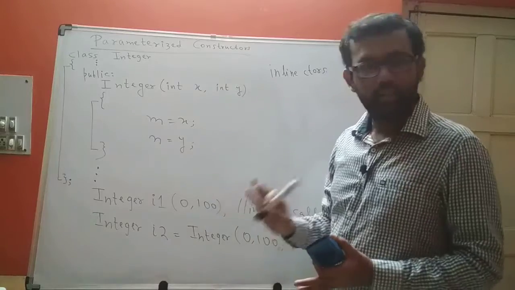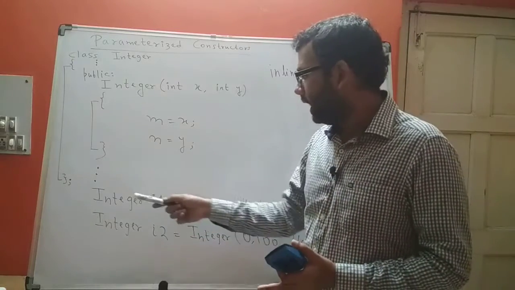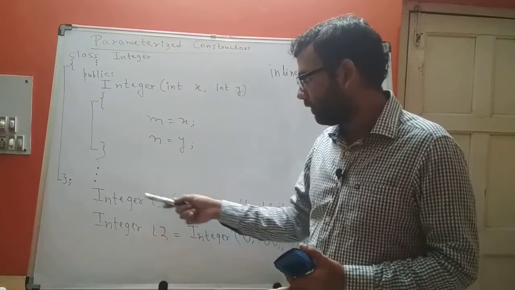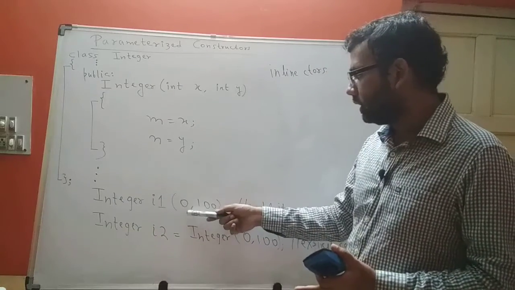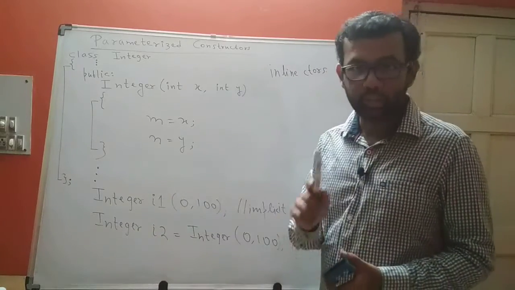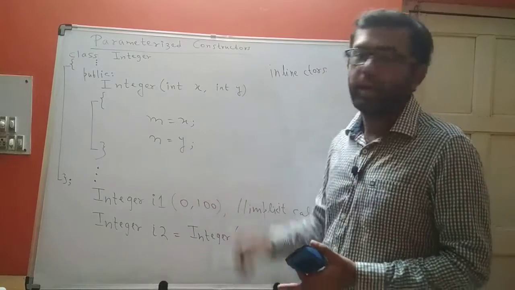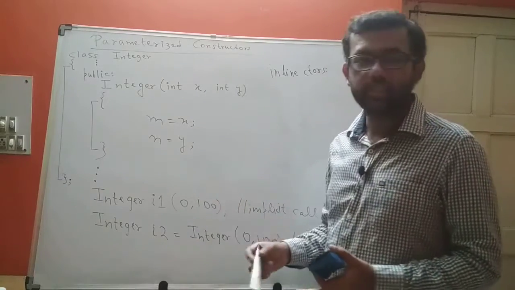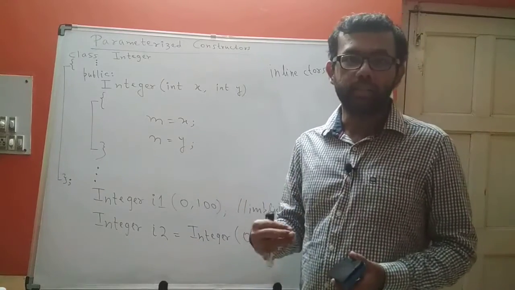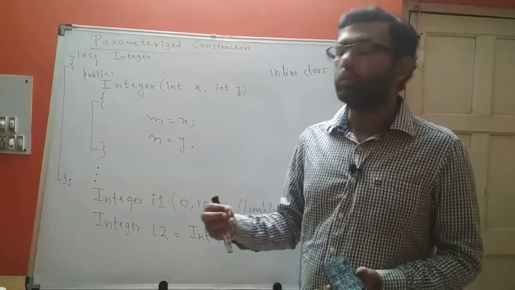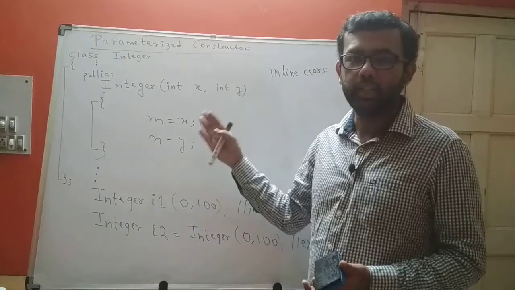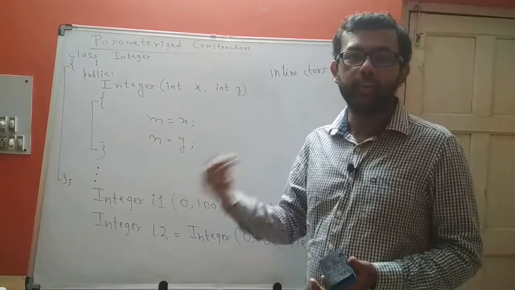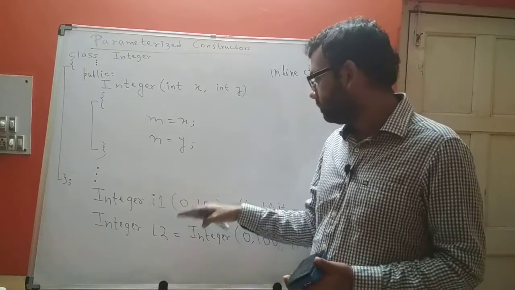Now, let's assume that we are creating an object I1 of class integer, and this is how you would create an object having the parameterized constructor. So parameterized constructors will help you to pass values of your own. See, in default constructors, since there was no provision of passing arguments, you had to assign some fixed value all the time. Here you can play around with the values.